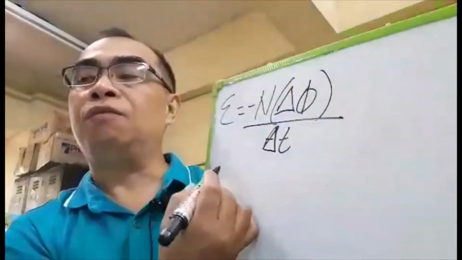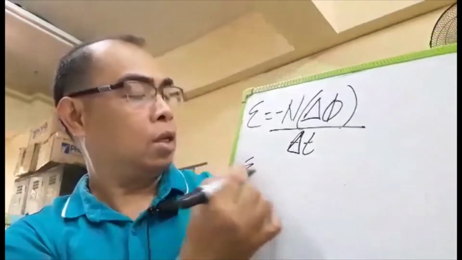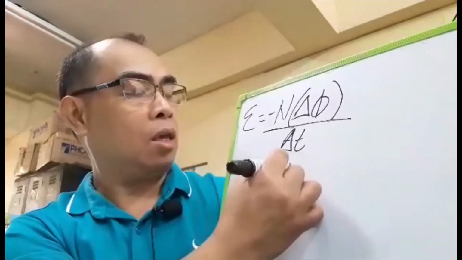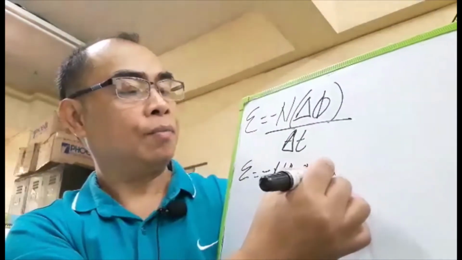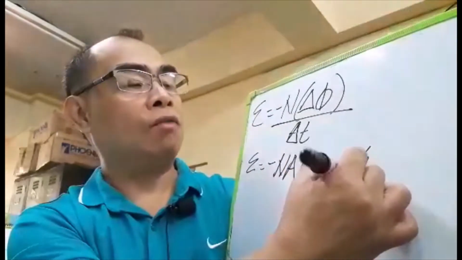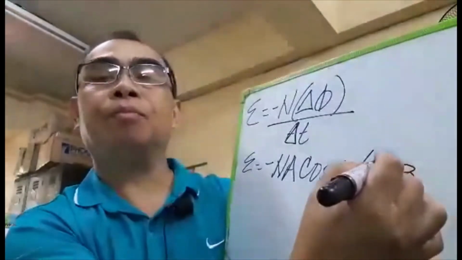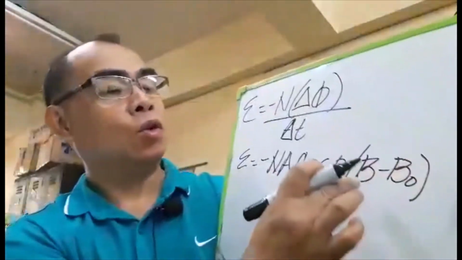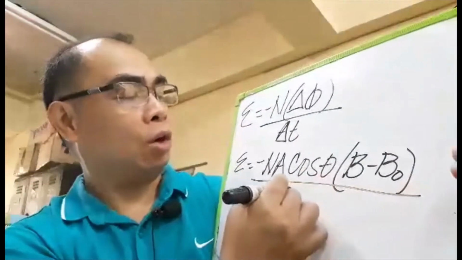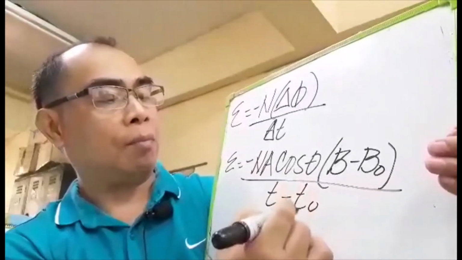Therefore, we can say that induced electromagnetic force is equal to negative NA cosine theta multiplied by the change in the magnetic field, which is final field minus the original field, over the change of time, which is final time minus the original time.